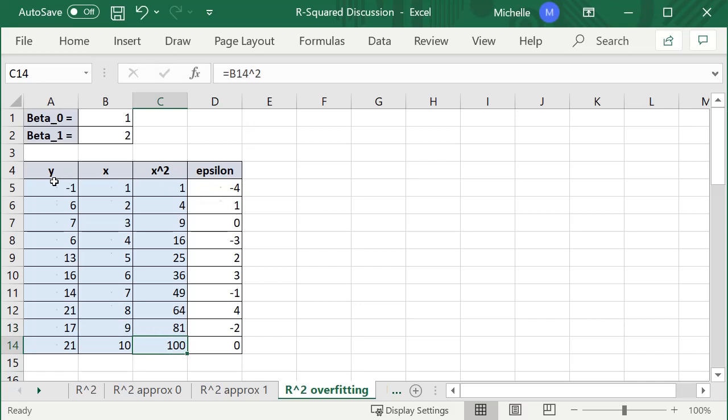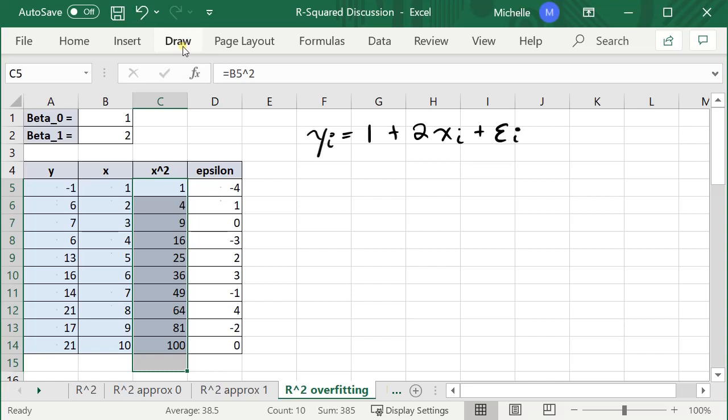All right, so I didn't change the way y is being calculated. So if I include x squared, y is still following this model. Let me go ahead and draw this. yi is still following this model, 1 plus 2 times x sub i plus epsilon sub i, right? But I could say I don't know that this is the right model.